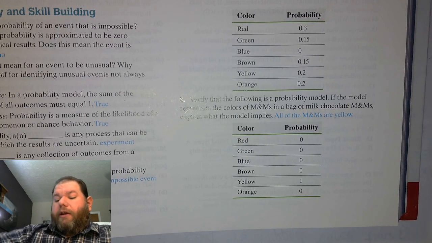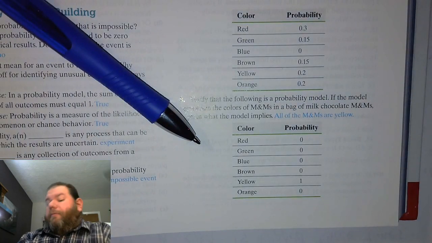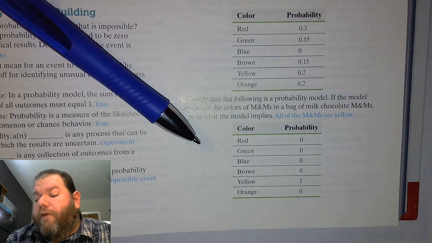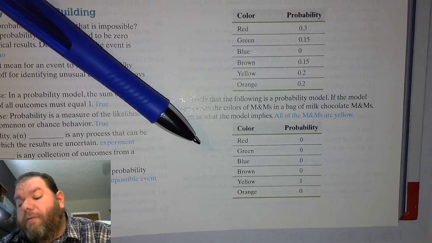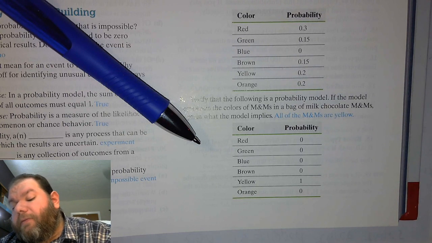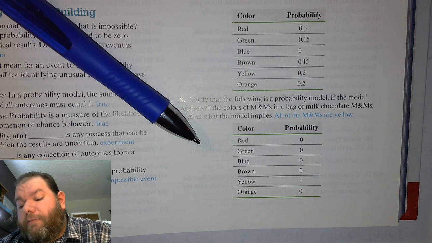Looking at number 8 here in the book. Verify that the following is a probability model. If the model represents the colors of M&Ms in a bag of milk chocolate M&Ms, explain what the model implies.